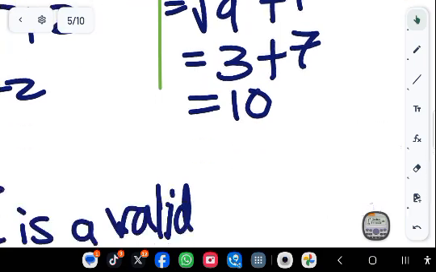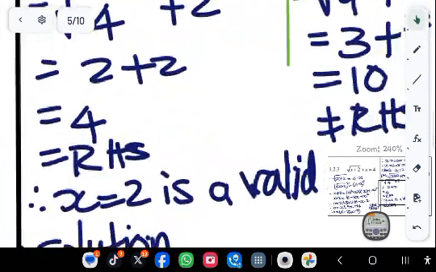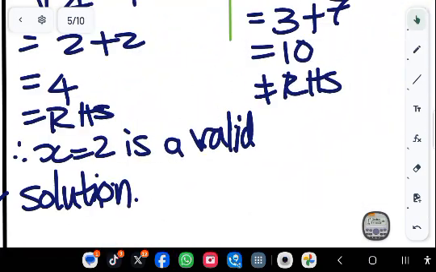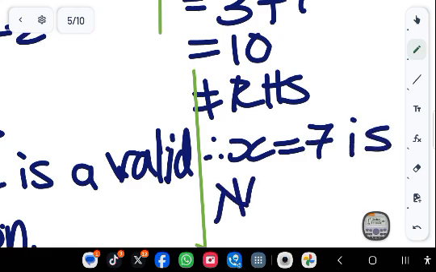This is not equal to the right hand side, because the right hand side is equals to 4, right there. Therefore, it means that this is not a valid solution. Therefore, x equals to 7 is not a solution.